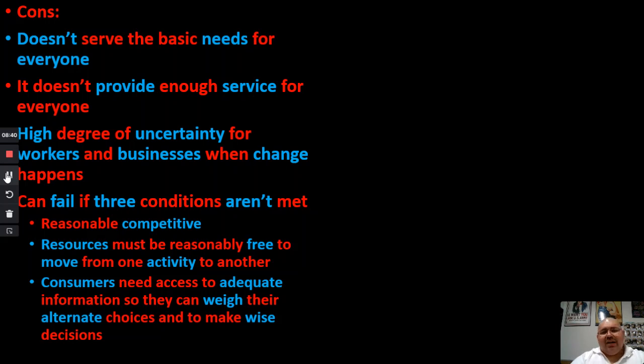Now, the market economy can fail if one or more of three things are not there. Number one is reasonable competition. When you think of fast food hamburger places, besides McDonald's, you can probably name seven places in 30 seconds.